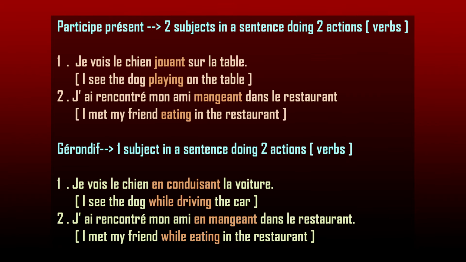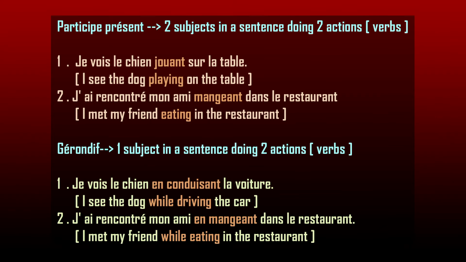Look at number 2. J'ai rencontré mon ami en mangeant dans le restaurant. I met my friend while eating in the restaurant. I am the first subject, while I was eating in the restaurant. So eating is also done by me, meeting is also done by me.